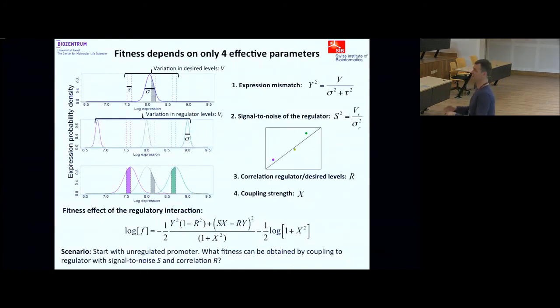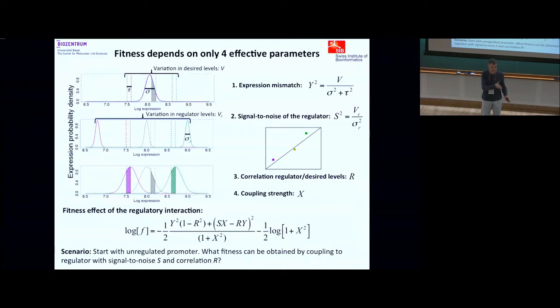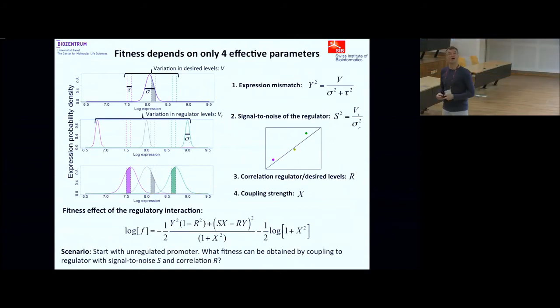All you have to assume is that the fitness function in each environment is roughly Gaussian shape as a function of expression level. And then you allow it to vary in any kind of way, and you can calculate the fitness across all these environments. And it turns out, in this theory, that the fitness of coupling a target promoter to a regulator depends only on 4 effective parameters.